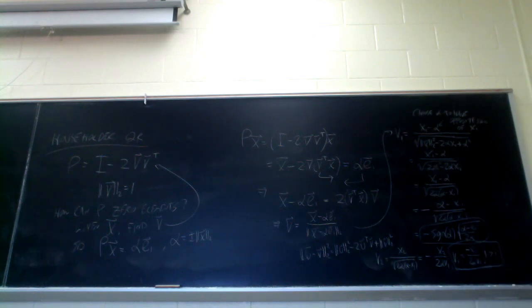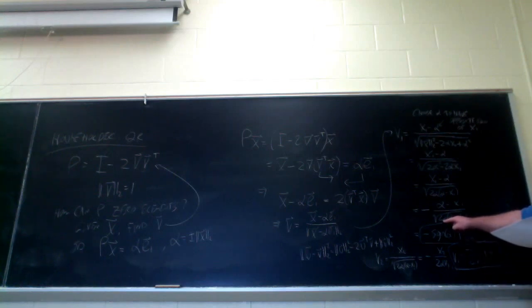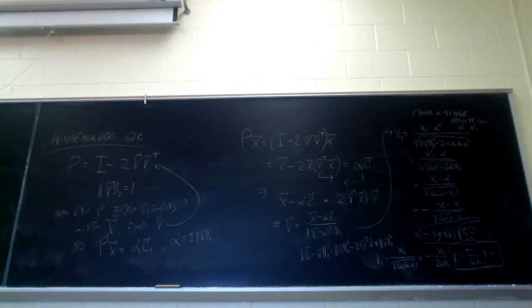Okay, actually, to be a little clearer about what I was getting at before, since alpha and alpha minus x1 have to have the same sign to ensure the square root of a positive number, therefore this will also have that same sign underneath.